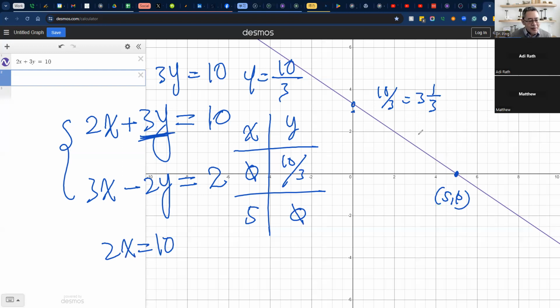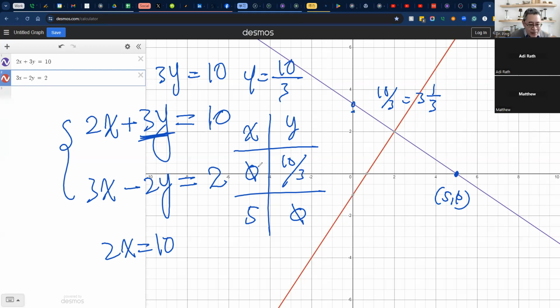Yep. So then the other one will be 3x minus 2y equal to 2. That'll be that line. Do you have this one? Addy got this one. How about Matthew? No, I don't think so. Okay, so the same thing.